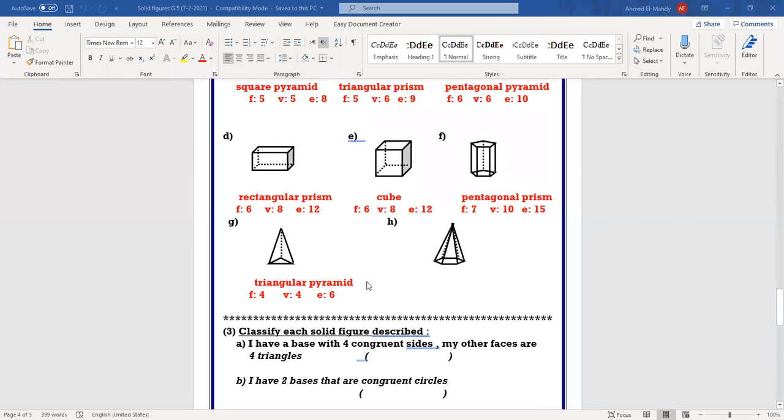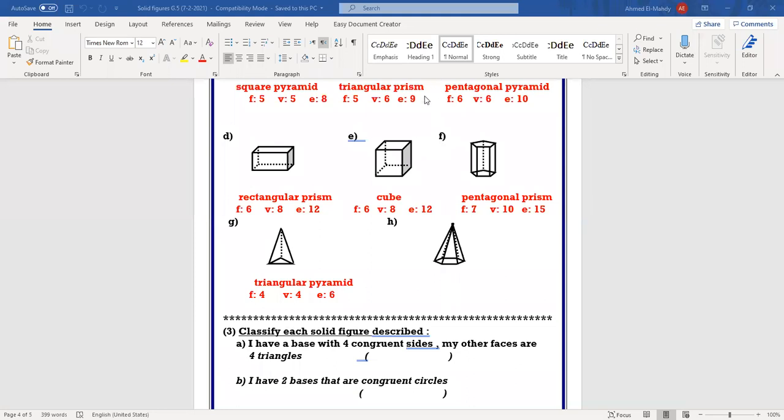Before we start, quickly, we said yesterday the solid figure is the three-dimensional figure, and we have two types of solids, polyhedron and not polyhedron. The polyhedron figure is the solid, all its faces are polygons, like the prism and the pyramid.